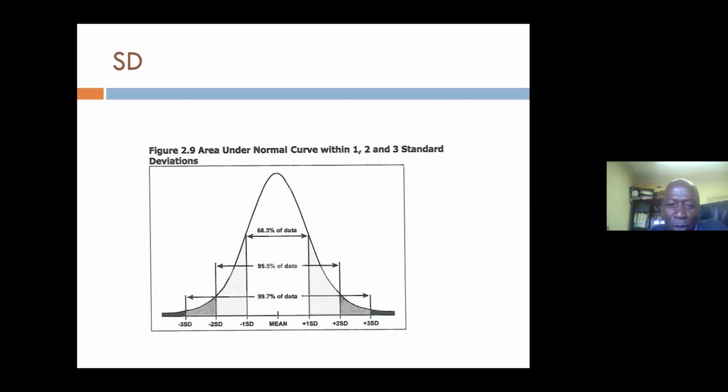The empirical rule states that about 68% of the observations in a normal curve lie within one standard deviation of the mean. The mean is the central value there. In a symmetrically distributed data set, the mean is the central value.